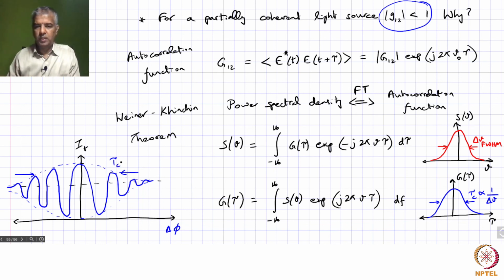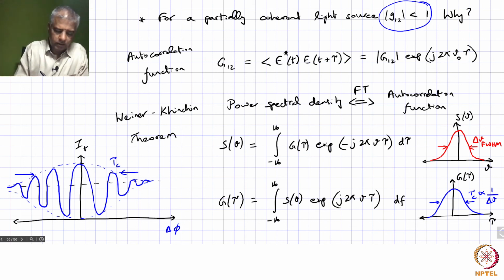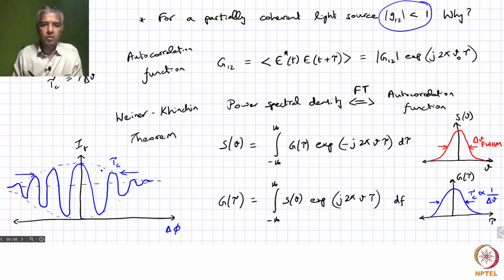Now, how does tau c relate to delta nu? It depends on the shape actually, right. So, it's the shape of the spectrum. So, if you have a rectangular shape spectrum, right, then tau c will be 1 over delta nu. Okay.